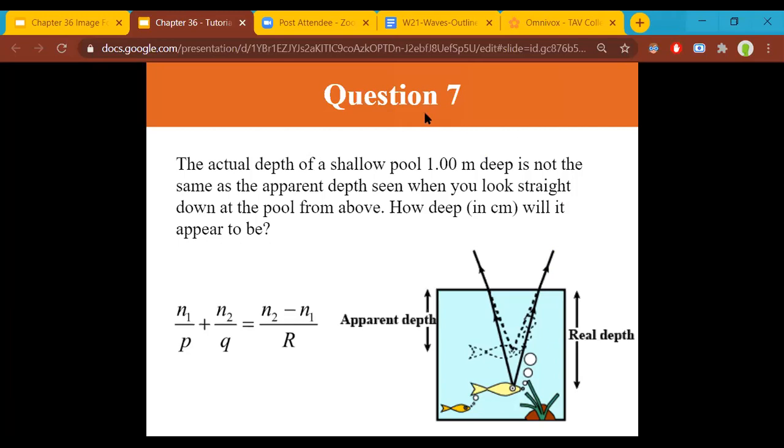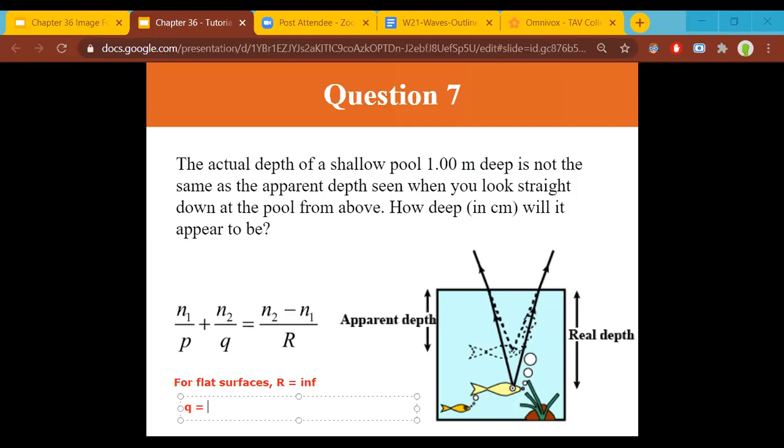So how deep does the pool appear to be if it's 1 meter deep? Well, in this case, you have a refracting surface that's flat, right? So for a flat refracting surface, you use the refraction formula for flat surfaces. You've seen this in the slides. The radius of curvature of the surface is essentially infinite. So you can find the location of any image by knowing the indices of refraction and the location of the object.